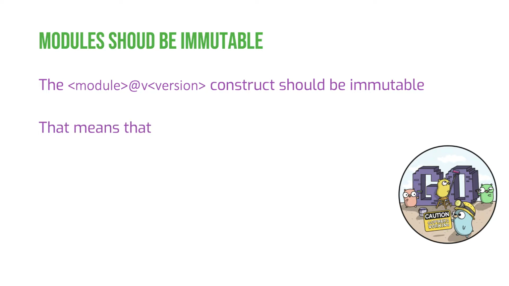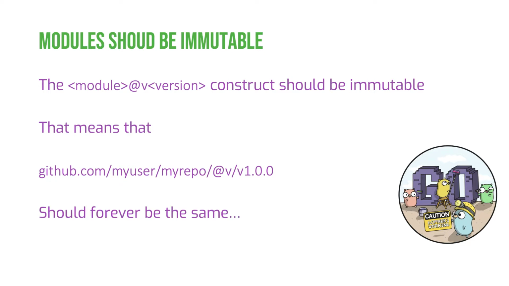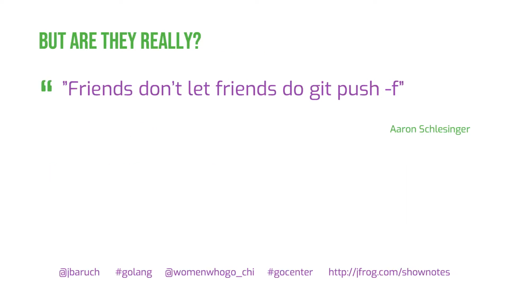Now, unfortunately, basically what is here, that's how it declares. This is the module at version 1.0, and it should forever be the same. Unfortunately, Git cannot provide us those guarantees, because in Git, you can force push code into an existing tag.